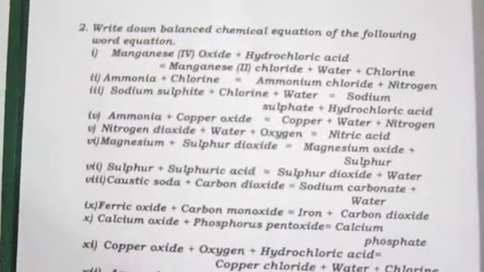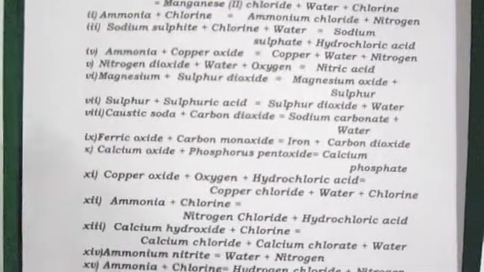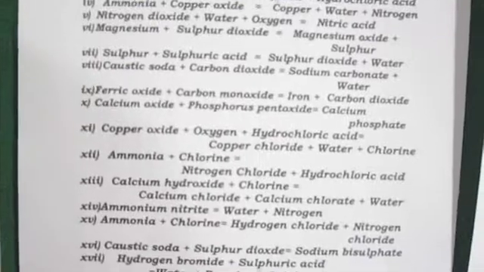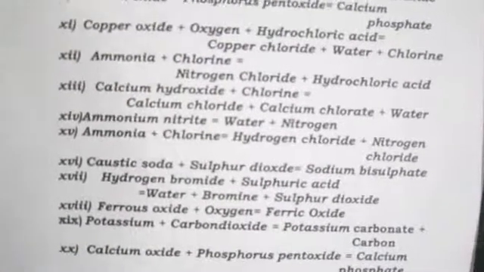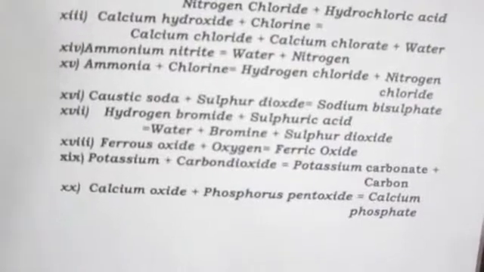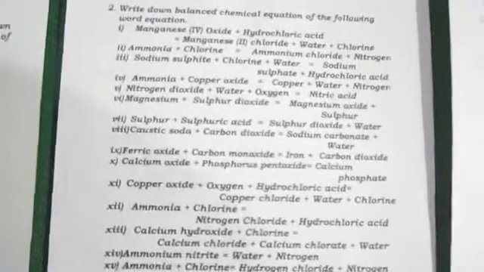These word equations are a little different, not so easy, but you have to write just the balanced chemical equation. You have to write the molecular formula of each compound or the symbol of each element, and write down the balanced chemical equation by using the hit and trial method.